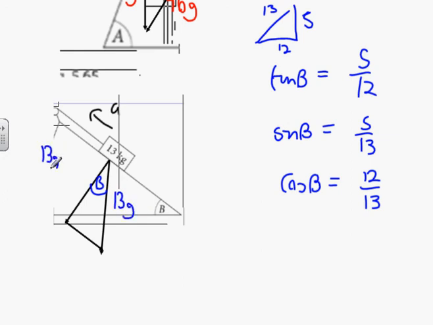That's 13G cos B in this direction here, also known as 12G, because you multiply it by 12/13. And then the other one is 13G sin B, also known as 5G, because you multiply 13 by 5/13. So you get 5G.